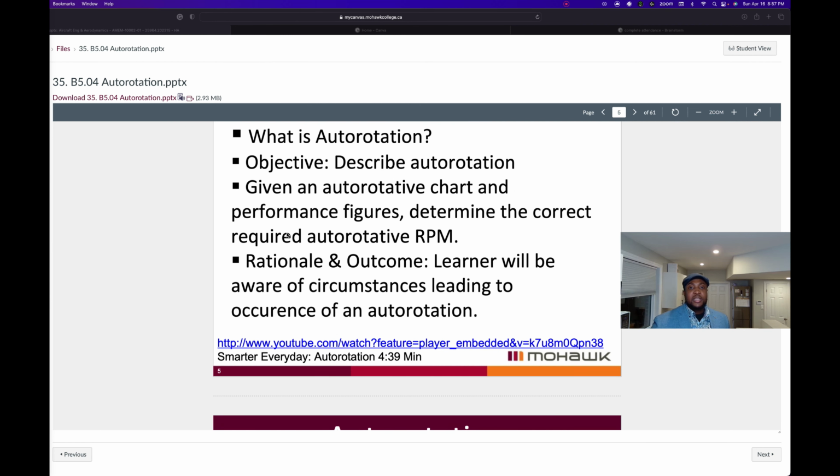So let's check this scenario out. Should a failure of the engine or drivetrain in a helicopter happen, the helicopter can perform an autorotation to safely descend to the ground to land. If these failures occur, the rotor system will automatically be disengaged, allowing the main rotor to freewheel in its original direction of flight.